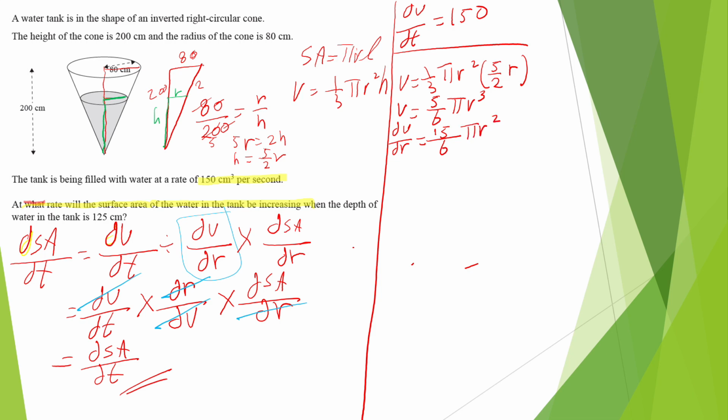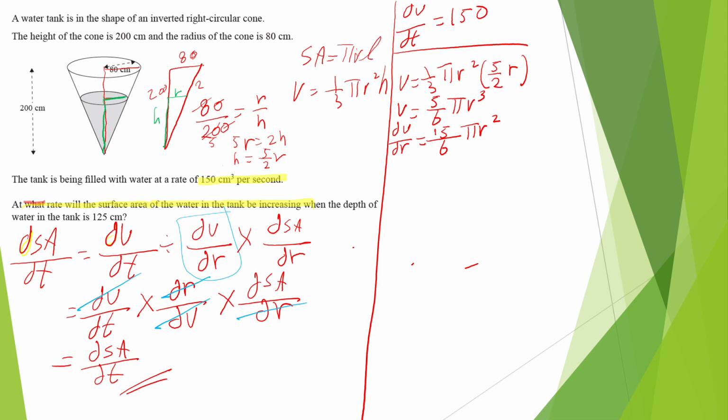So rate of change is a value, so we need to find the value of that, the dV over dr, and the value of that can be found by calculating what is the R. And it says here the depth of the water is 125, so the H is 125. To find the R, I can use this one here.